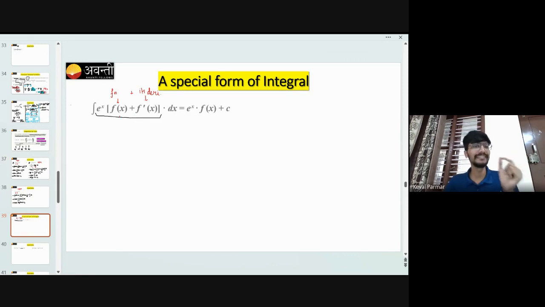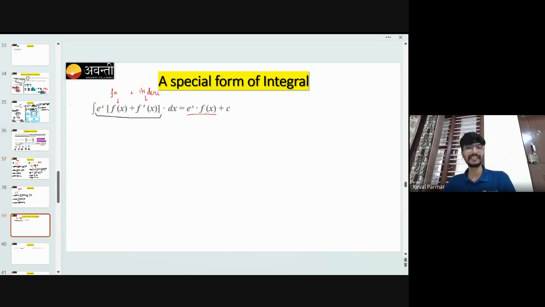If we see this format, outside e raised to x, inside function plus its derivative, then we can directly write the answer as e raised to x f of x plus c.